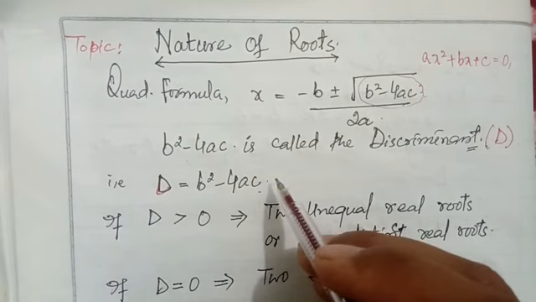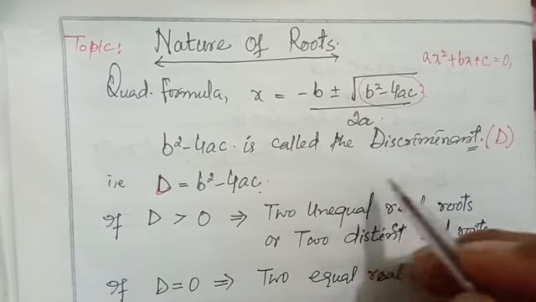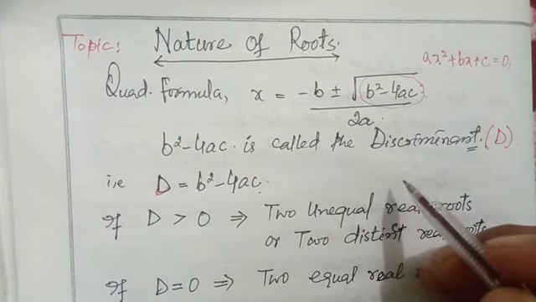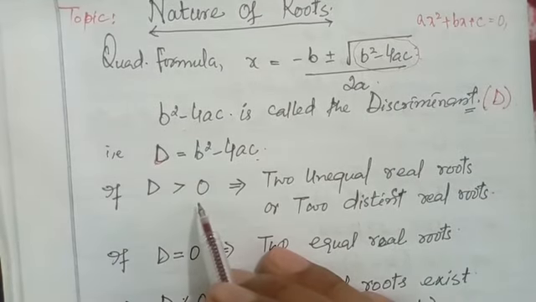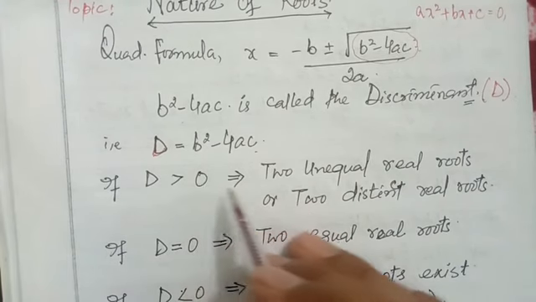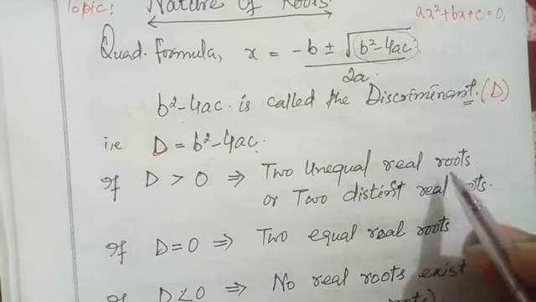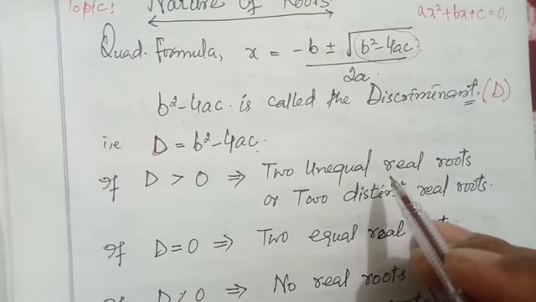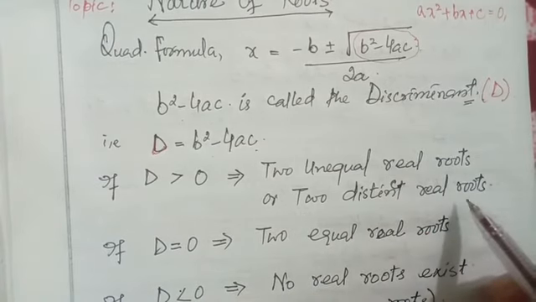This discriminant determines the nature of the roots, whether the roots are real or not. First case, if D is greater than 0, it means if this value is greater than 0, then the given equation will have two unequal real roots. The two roots will be real and unequal, or we can say two distinct real roots.